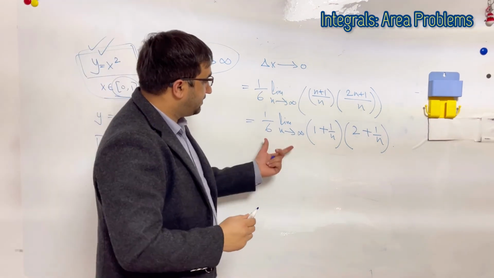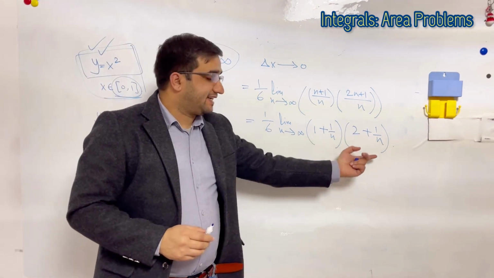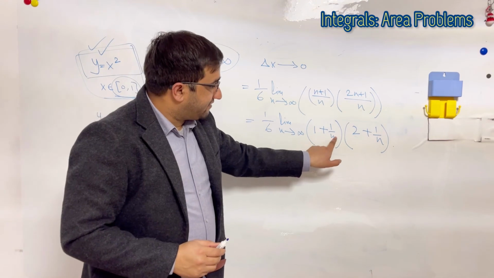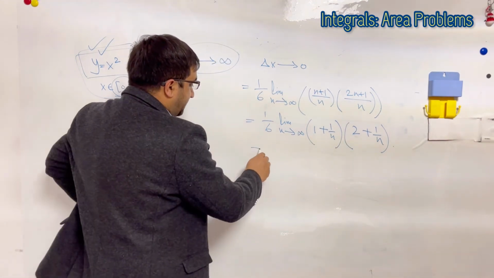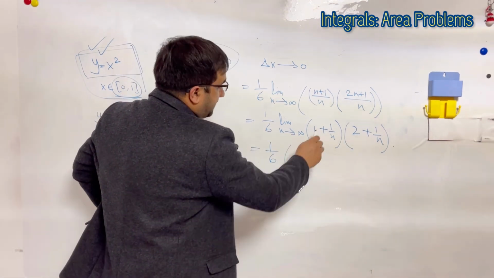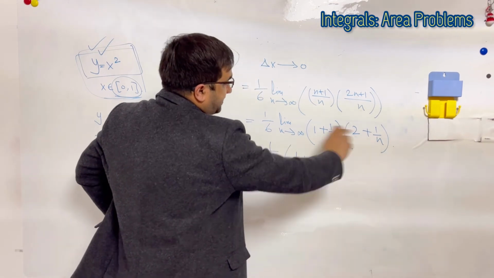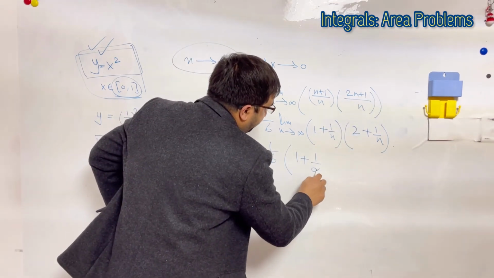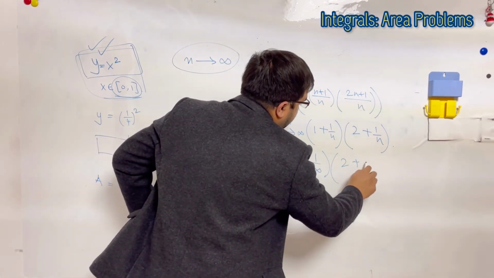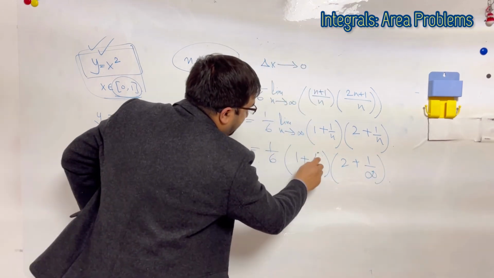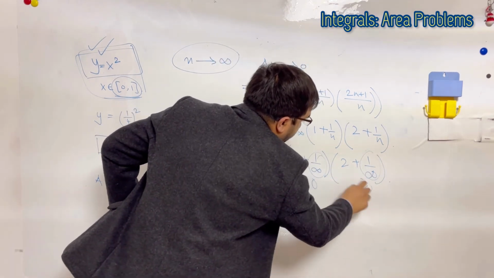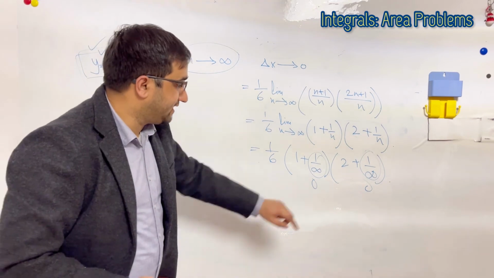So now you are able to apply this limit directly. You can replace the values of n with infinity. So it will become 1 by 6 into 1 plus, now I am just applying the limit, 1 by infinity, 2 plus 1 by infinity. This guy is 0, this guy is 0, because a number divided by infinity is always 0.